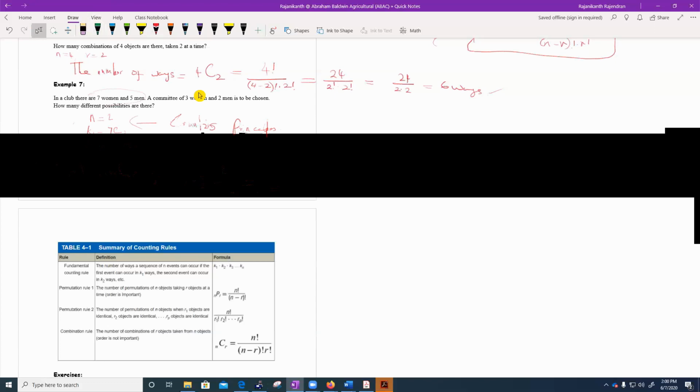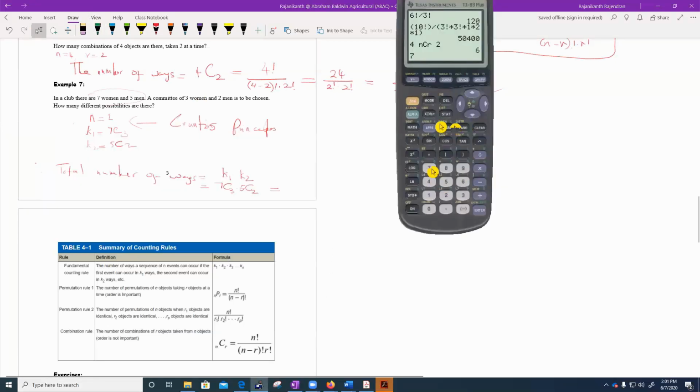So find these two numbers with your calculator. 7 choose 3, so go to math, 7 choose 3, then times 5C2, 5 C2, right? So it is 350 ways.